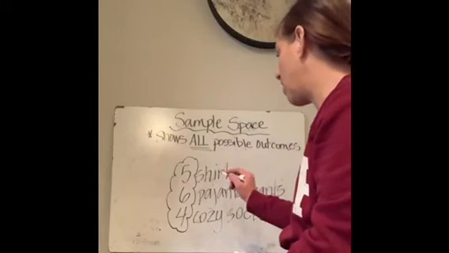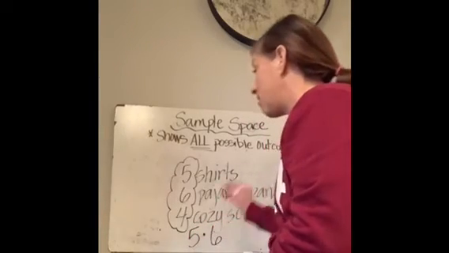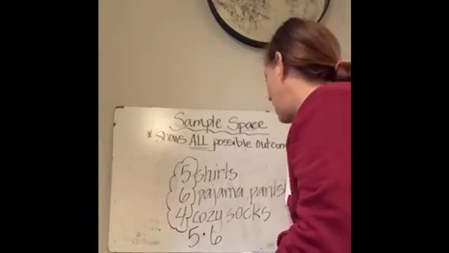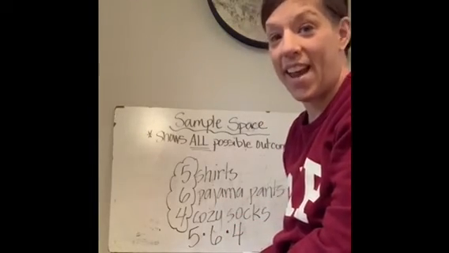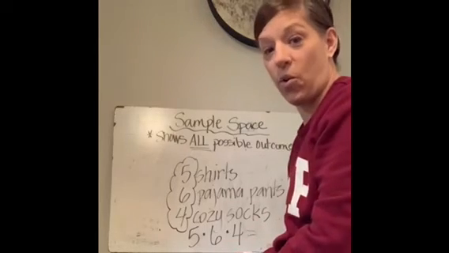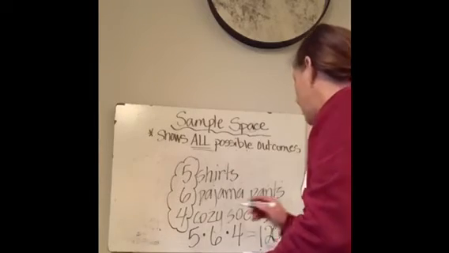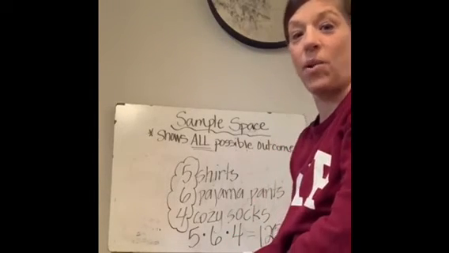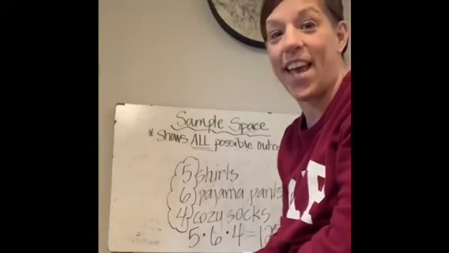So if I take my 5 shirts and multiply that by my 6 pajama pants, and then multiply that by the 4 different cozy socks I have to wear, then I would get 30 times 4, which equals 120 different possible outfits that I could be wearing while I'm in quarantine and stuck at home.